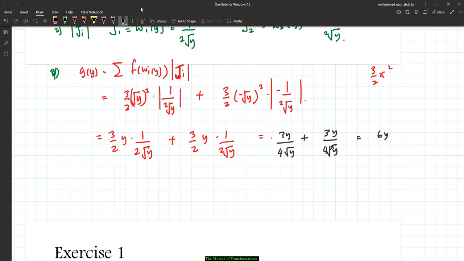So this one should be 6y divided by 4 square root of y. Okay? So kalau ni kita bawa 6 over 4 multiply with y to the power of 1 minus 1 over 2. So 6 divided by 4 is 3 over 2 again. Right? And this one 1 minus 1 over 2 should be square root of y. So this is our new PDF.